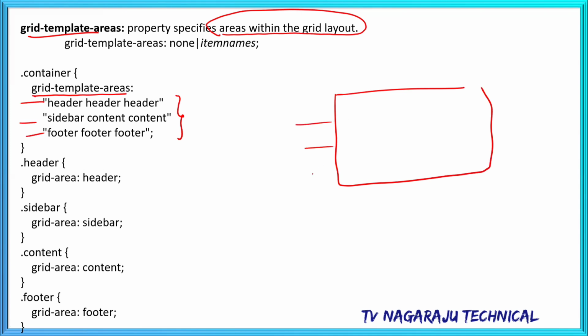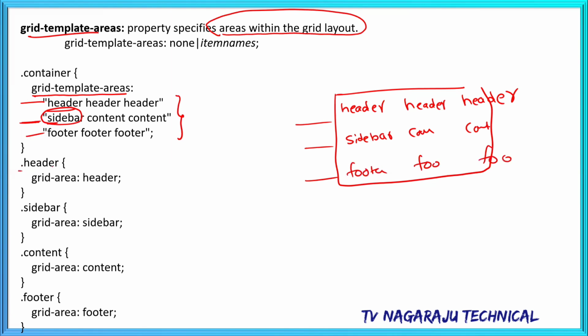So 3 rows are created. This is header. Here, header is there. In the second column, header is there. In the third column, header is there. In the second row, the first column is sidebar. Here, content.